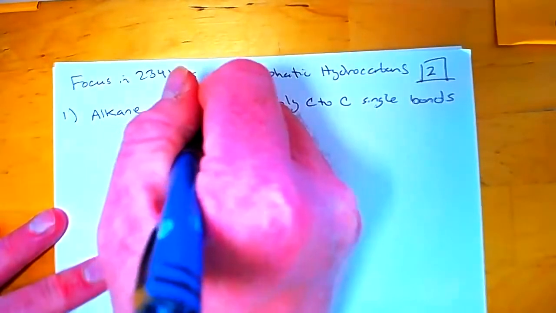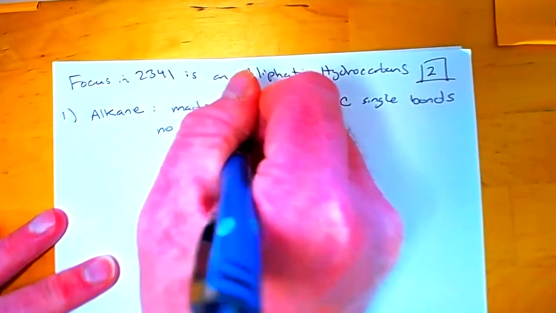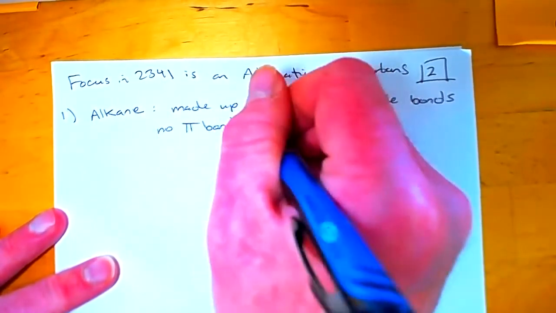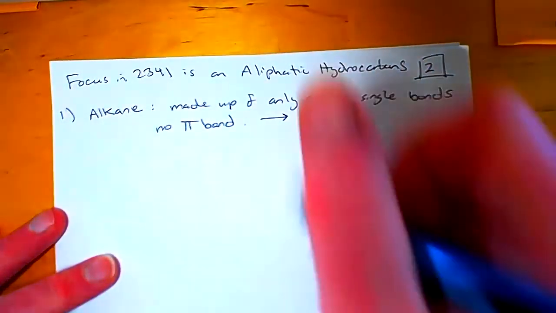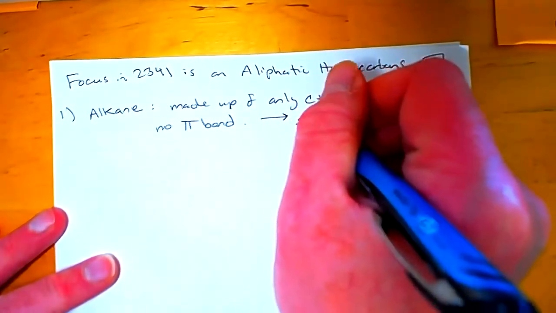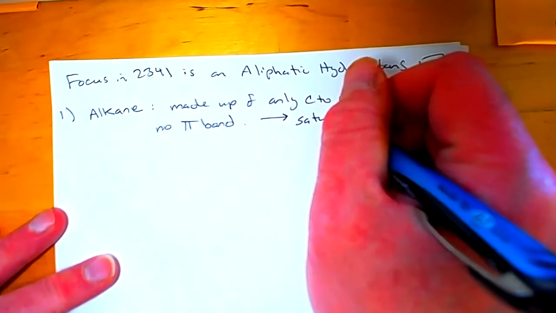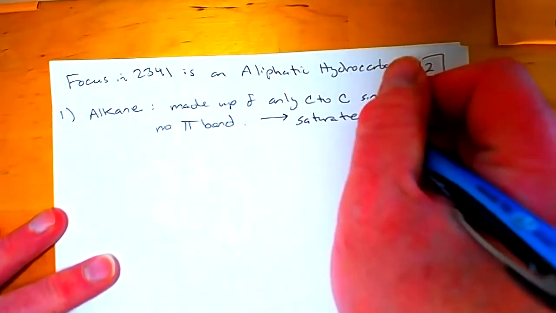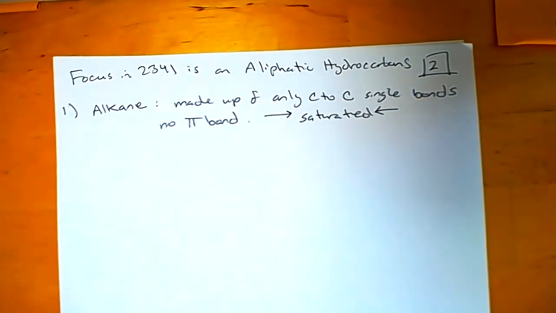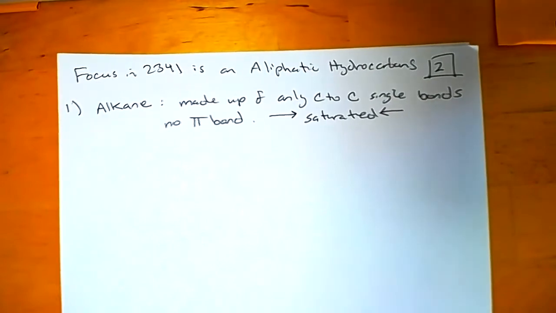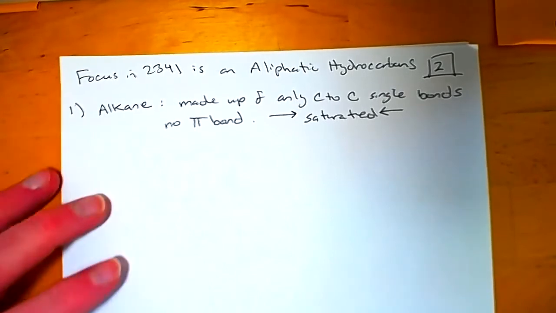No pi bonds, no double bonds, no triple bonds. And we refer to systems like this as saturated, meaning the molecule has as many hydrogens on it as possible. Double bonds or triple bonds or pi bonds lead to what is known as unsaturation.